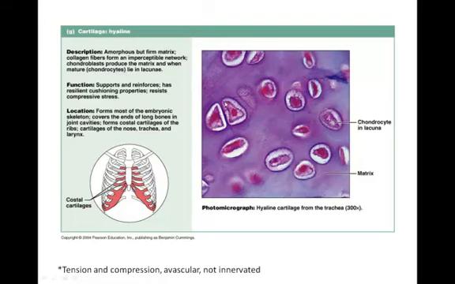Here we have a chondrocyte, and this is its nucleus. I can always tell cartilage because I see these little pairs of eyes looking at me. I call them owl eyes. When I see owl eyes looking at me, I know I'm looking at cartilage.